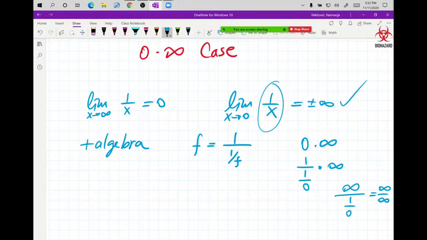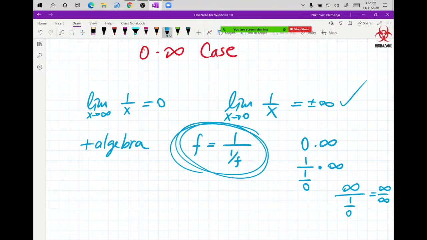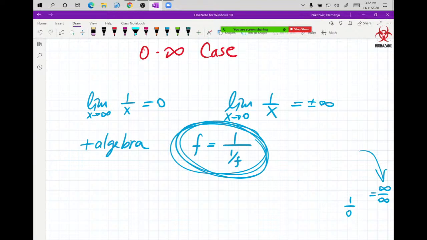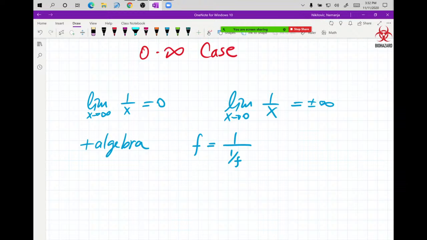I know that the mathematical notation over here is absolute garbage, and I am not doing it justice, but the hope is that you see how this simple algebraic manipulation, coupled with those two limits that we know from before, actually turns the situation of 0 times infinity into infinity over infinity. If you apply the same rule to infinity, it will turn into a 0, and you'll have 0 over 0 in that case. But the best place to see this is in the example, right?